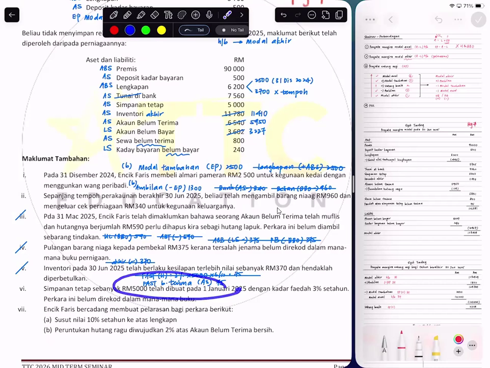And do we need to record this faedah atas simpanan belum terima into answer later? Yes or no? Do we need to get this faedah atas simpanan tetap belum terima into answer later? Yes, but not in PKK. Okay, normally PKK, yes. But for this question, you don't need to prepare PKK.